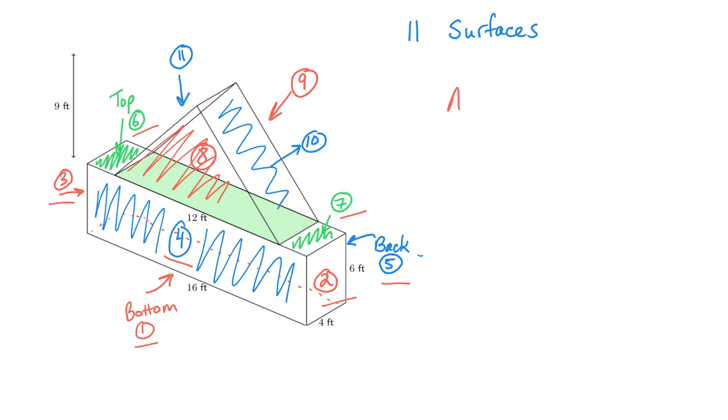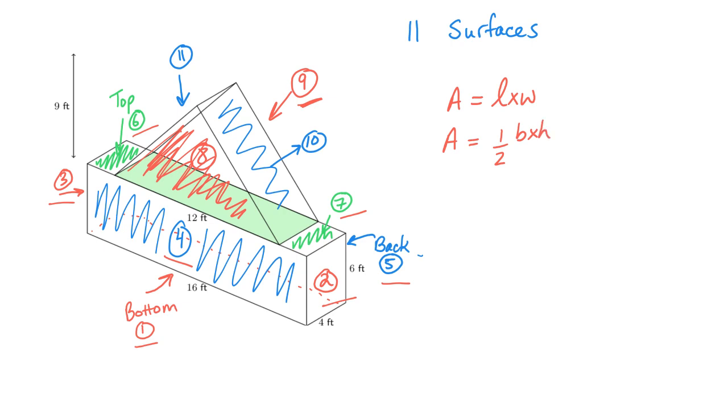So I'm going to need to know the area of a rectangle, which is length times width. Moving to the top, I have a triangle facing forward right here, and I have a triangle on the back. So I definitely need to know the area of a triangle, which we know is 1/2 base times height.